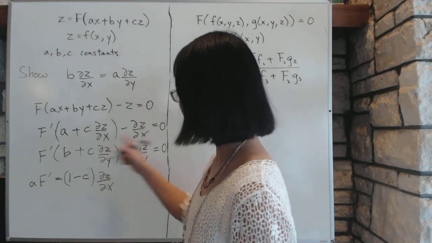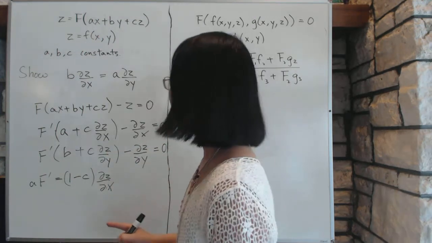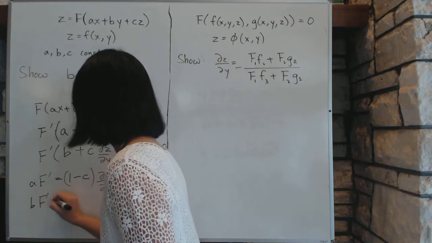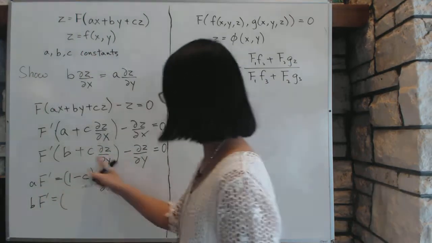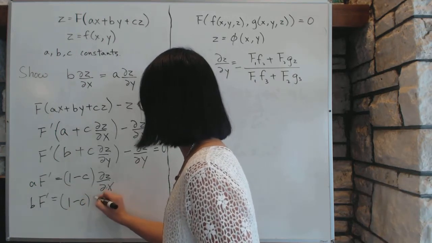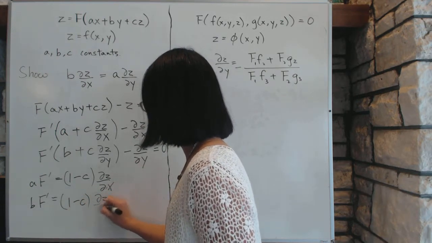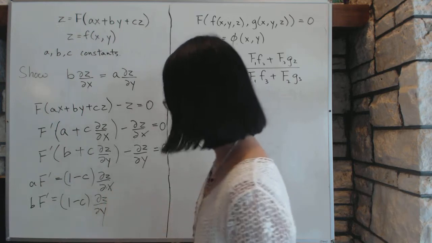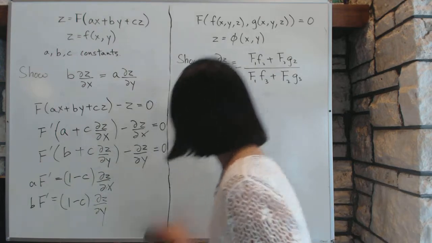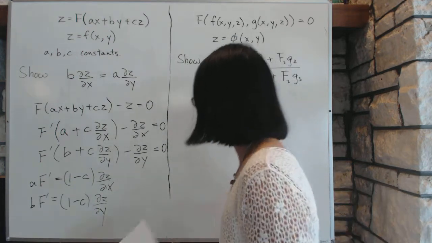We are just rearranging things a little bit here. Similarly, b times F prime is equal to exactly the same deal, 1 minus c partial z partial y. Okay, now the last thing we have to do is just write out the last bit.